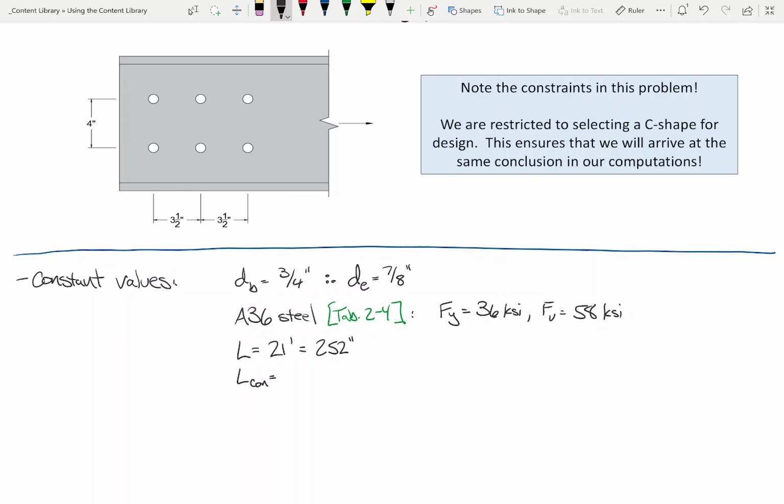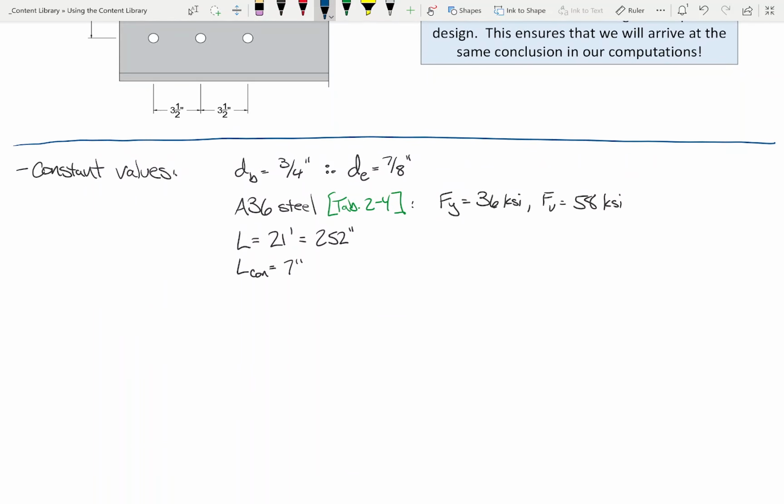And what's our connection length going to be? 7 inches. Let's just get some of that stuff out of the way so that when we start doing our problem, we've already got that figured out.